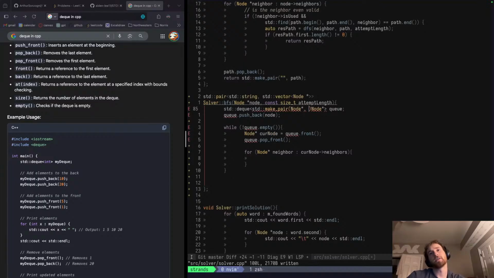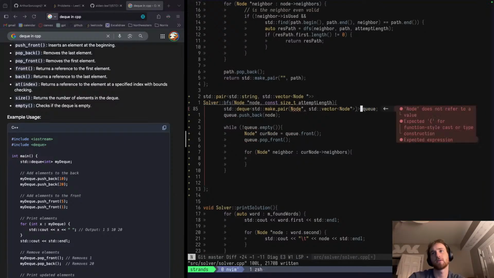And what's gonna be our path so far? It's probably the worst way to do this.